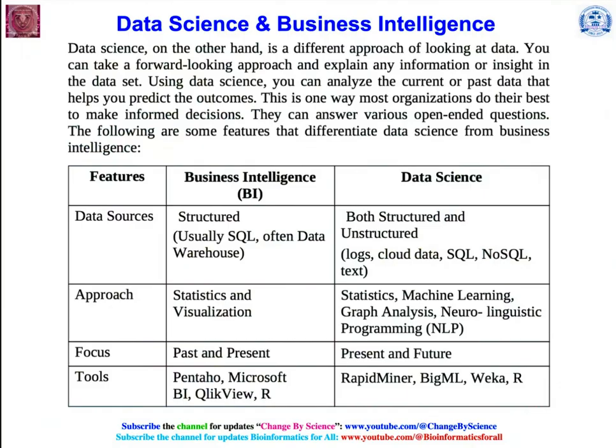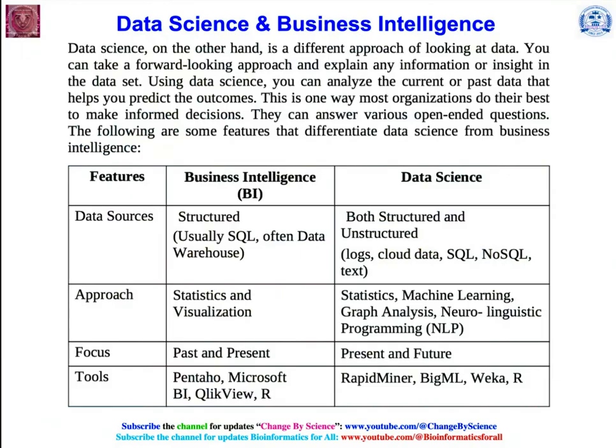Using data science, you can analyze the current or past data that helps you to predict the outcomes. This is one way most organizations do their best to make informed decisions. They can answer various open ended questions.